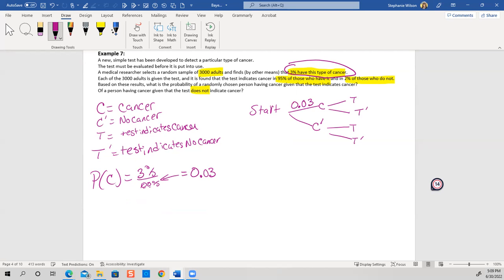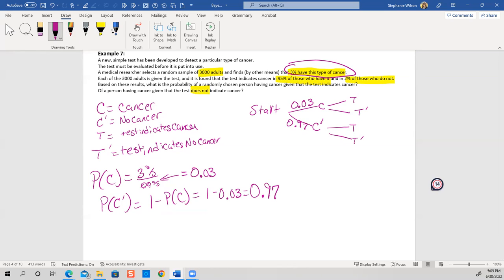Now we're going to find its complement. To find its complement, we know it's 1 minus that event. So I got 1 minus 0.03, which gives me 0.97, and that went there.